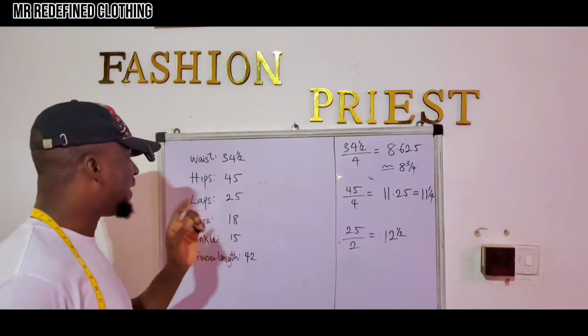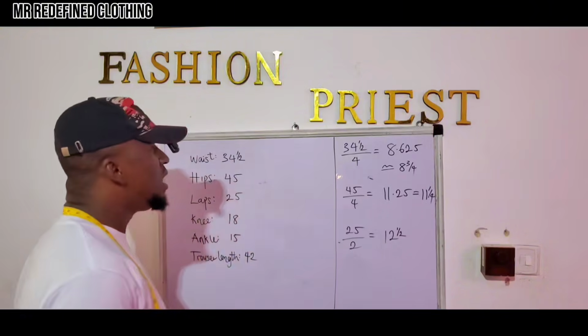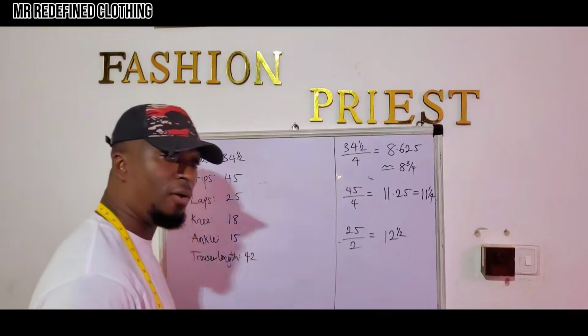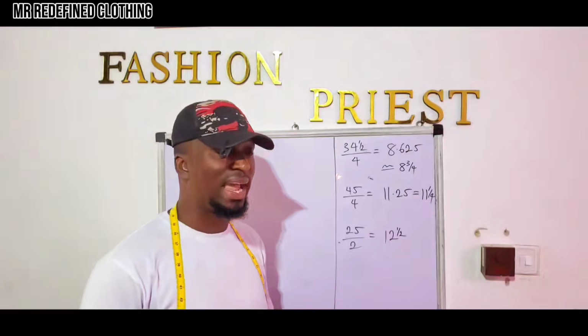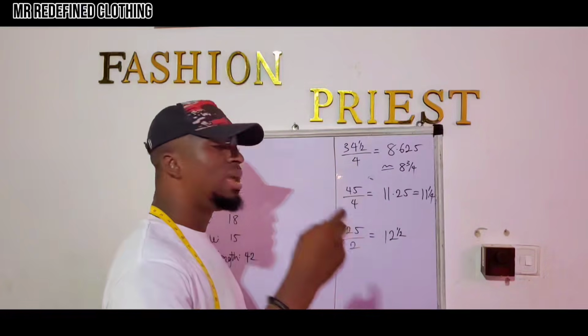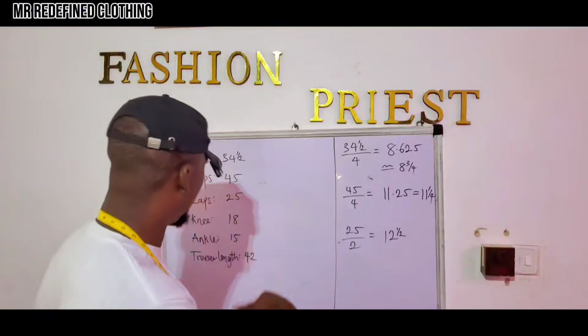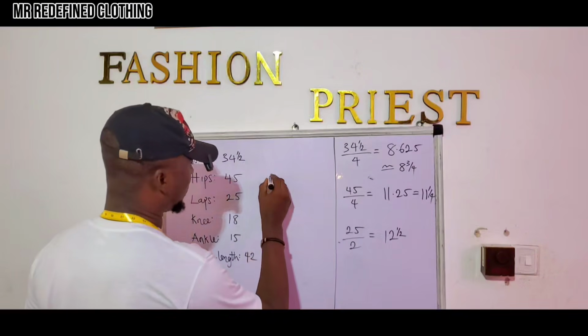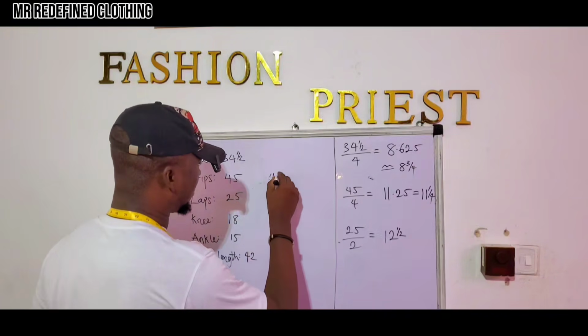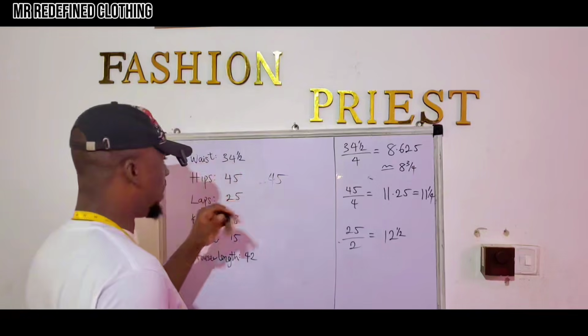Another thing you need to understand is that if you divide your hip by 4 plus an extra 2 inches, like I said earlier, it should be equal to or a bit bigger than the lap measurement divided by 2. So let's cross check what we have just said. 45 is my customer's hip measurement.